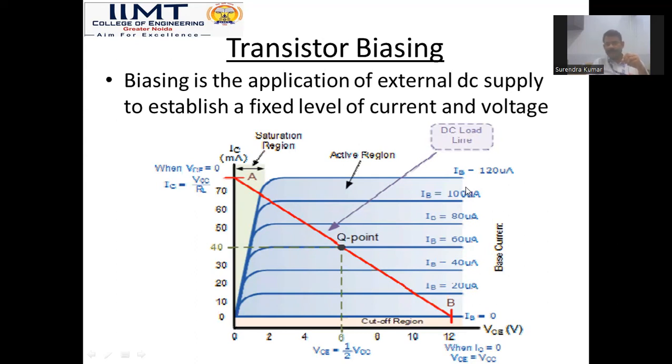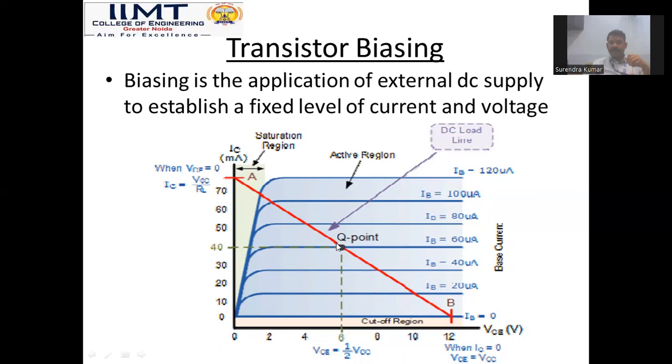You can see here the output characteristics of a transistor, which is drawn between collector current and collector voltage. Biasing is the application of external DC supply to stabilize the fixed level of current and voltage.